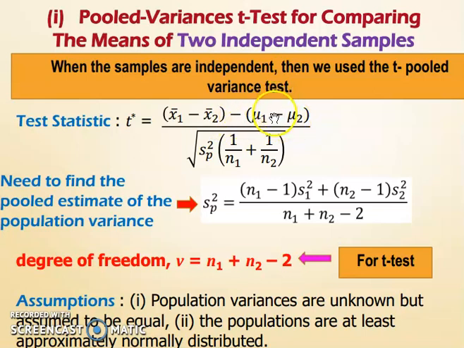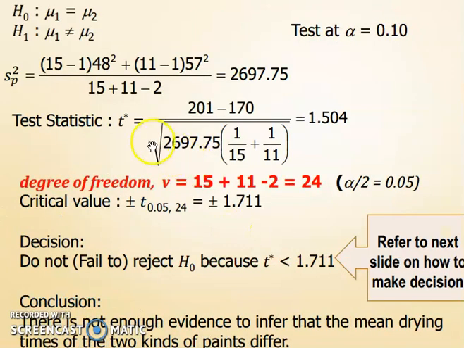From the null hypothesis, mu1 minus mu2 equals 0, so minus 0, you are left with only x bar 1 minus x bar 2. And you have here the pooled estimate of the population variance. So we need to calculate the SP squared, and this is the formula for the SP squared.